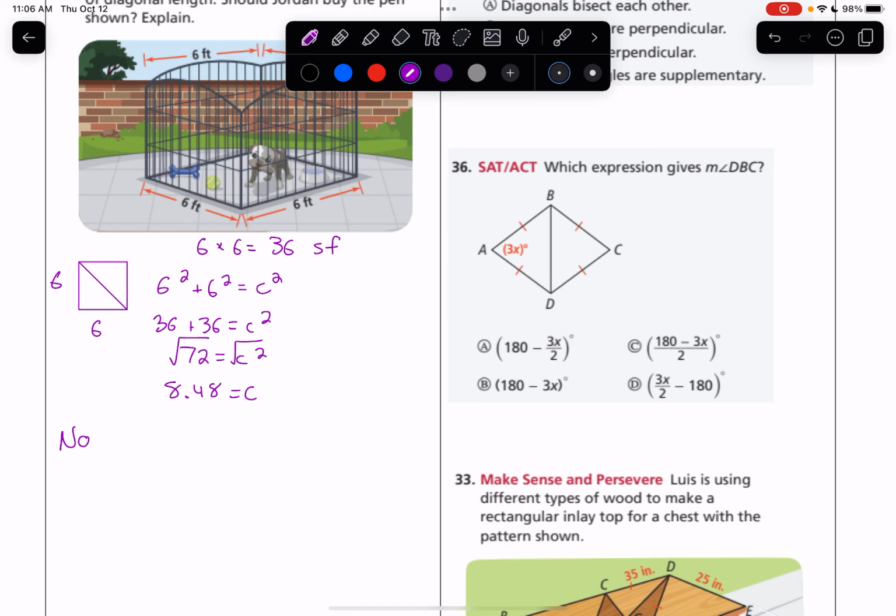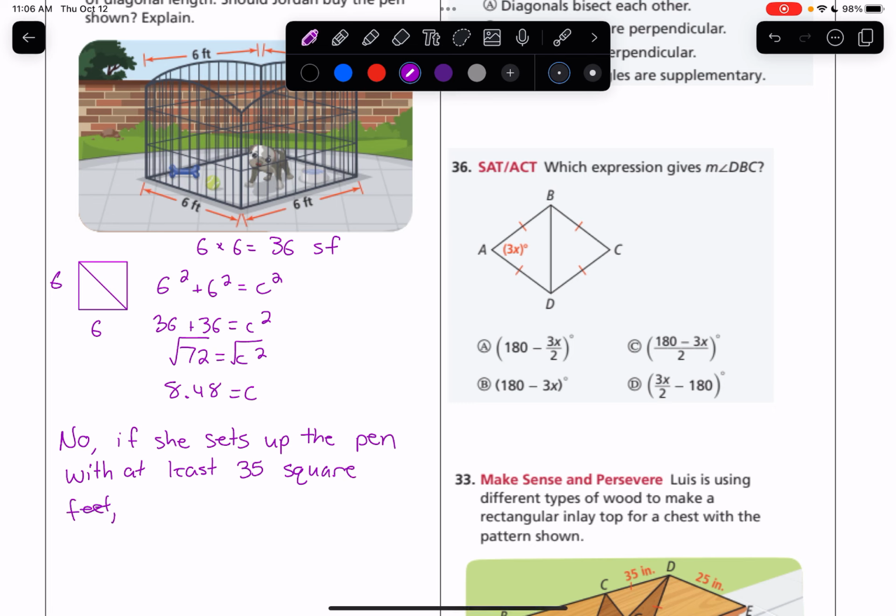So no, because if she sets up the pen with at least 35 square feet, the diagonal will be less than 10.